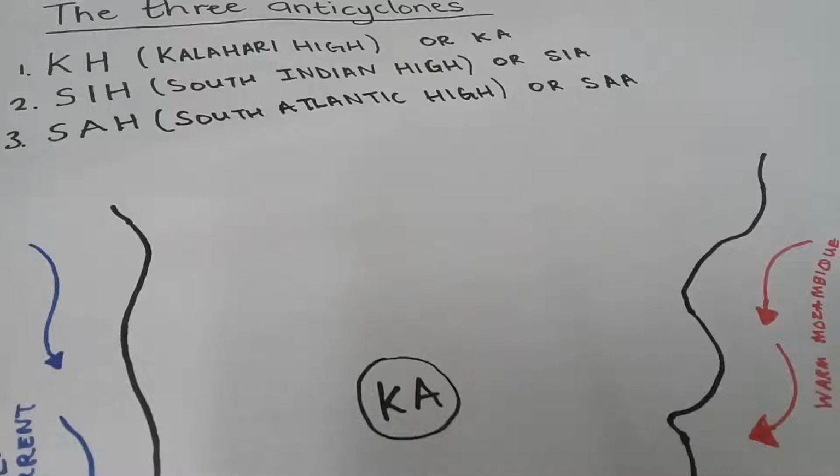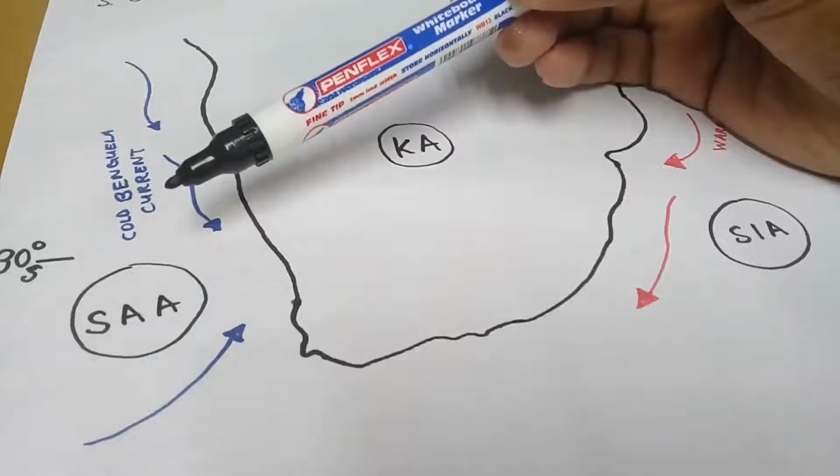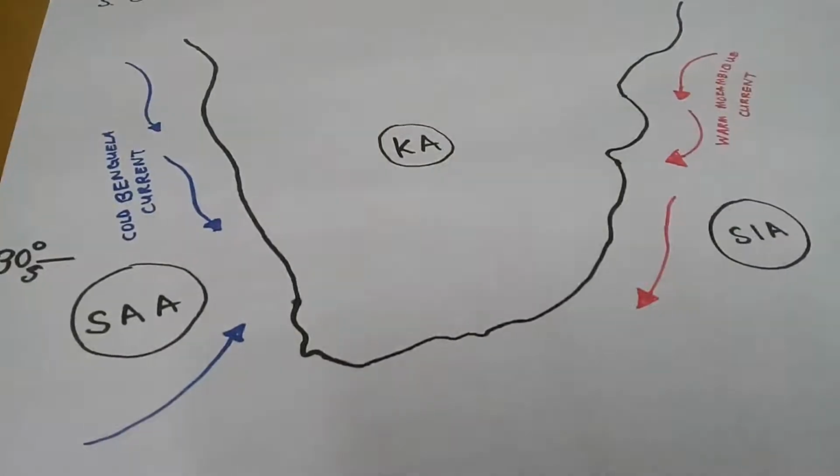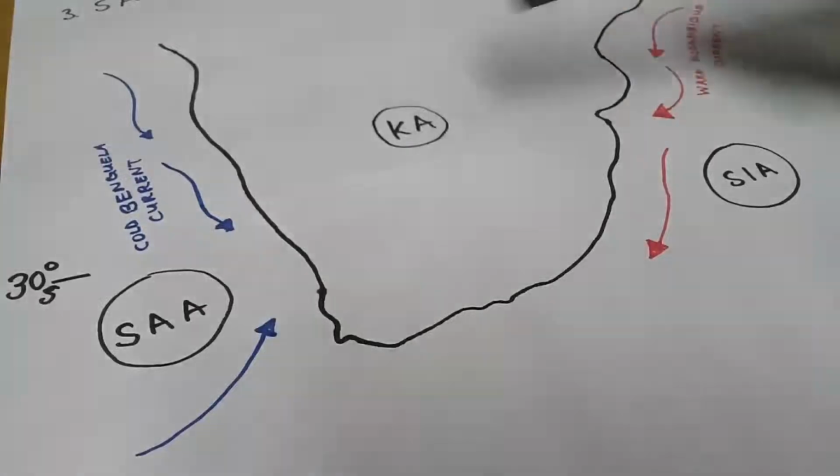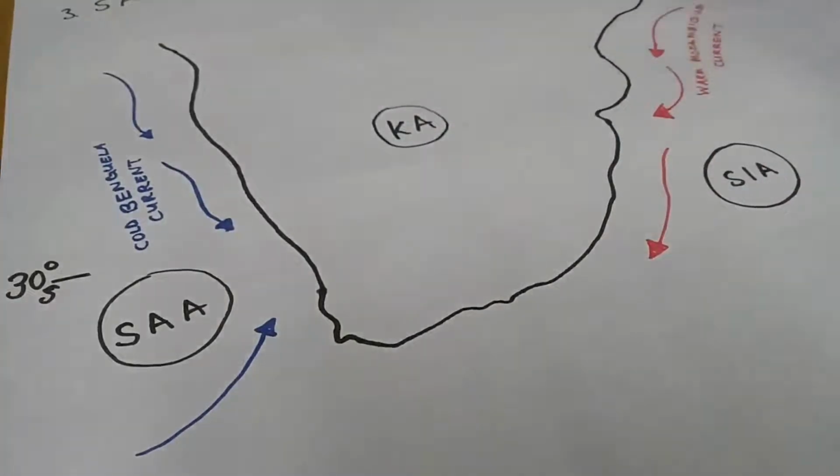And also with South Atlantic High, the air from there. And these three anticyclones are the ones that represent a high pressure belt in South Africa, particularly in winter, in terms of the seasons.